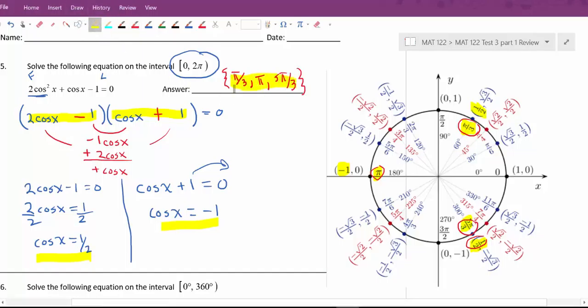Okay, so that's how that goes. There's factoring. That's a straightforward factoring problem, which you want to know how to do. And it's a straightforward interpretation of the unit circle. You're finding all of the places where the cosine's 1/2, there are 2 places, and all the places where the cosine's -1, there's 1 place in the interval 0 to 2 pi.